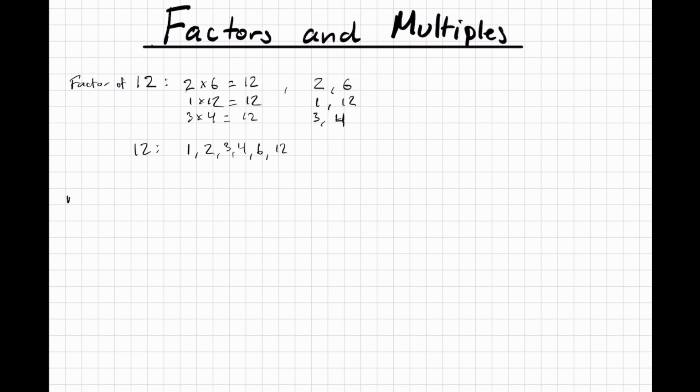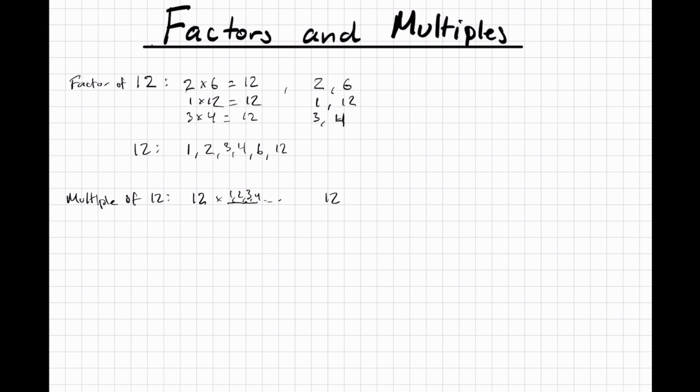Let's go over what a multiple is. A multiple, instead of breaking 12 into its pieces, a multiple of 12 is 12 times any whole number, so 1, 2, 3, 4, and so on. Whatever the result is, that's a multiple of 12.